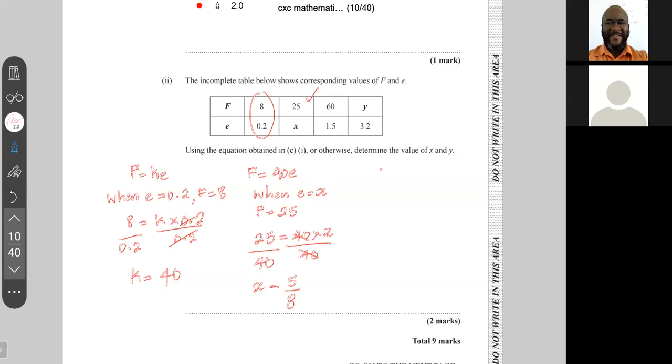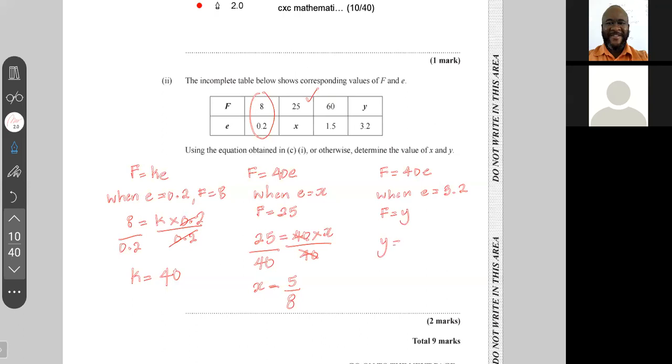The same equation, F is equal to 40E. I'm going to say when E is 3.2, F is equal to Y. So let's put in this.